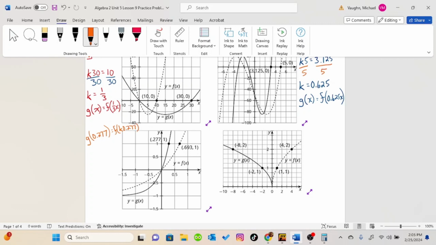So we have k times 0.277 equals the f value, which is 0.693.